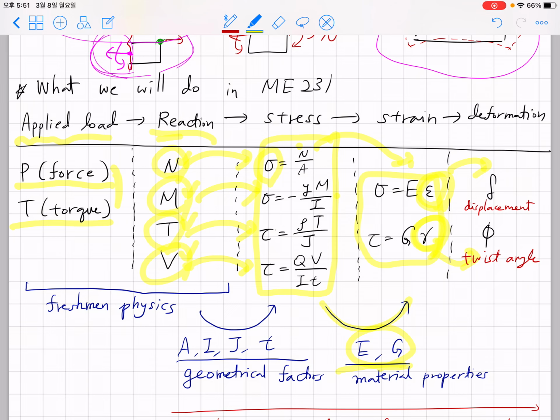Okay, so this is the typical flow chart we're gonna follow in ME231. And of course, when obtaining these stresses from the reaction force and torque, you're gonna use geometrical factors like cross-sectional area, area moment, rotational moment, thickness of the beam, and so on.